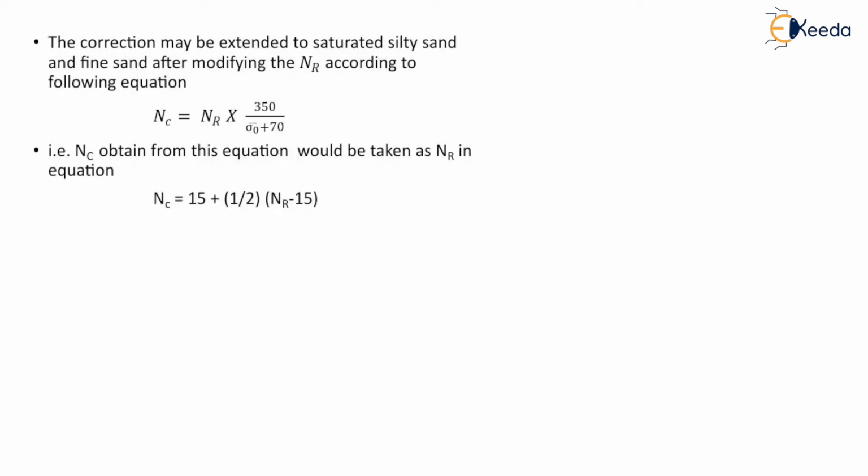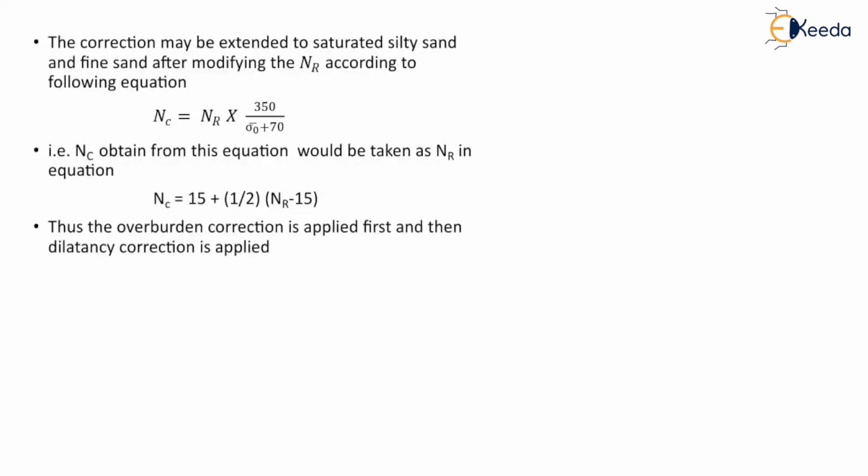We will modify the value of NR and we will get the value of Nc. This Nc obtained from this equation would be taken as NR in the equation Nc equal to 15 plus half into (NR minus 15). This is the equation for the dilatancy correction for the sand. Thus the overburden correction is applied first and the obtained value is used for the determination of dilatancy correction.